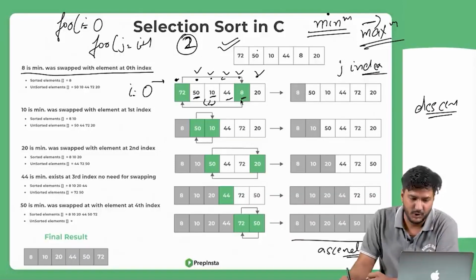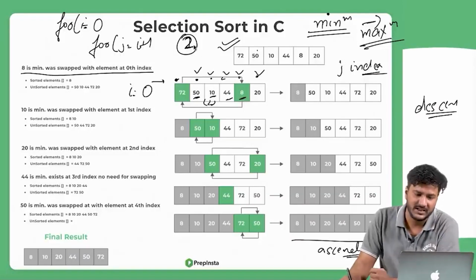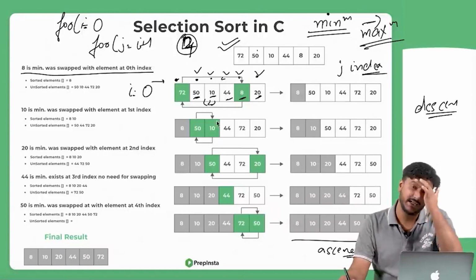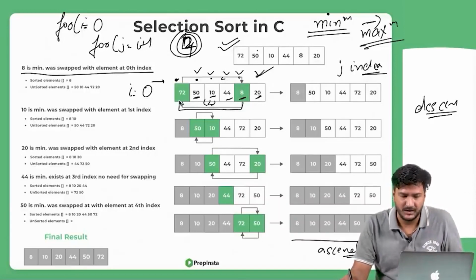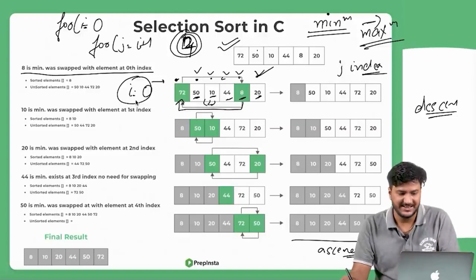Then I go to 8, which is obviously the smallest value, so I change my min index value from 2 to 4. Then I move on to 20, which is greater than 8, so I keep my minimum index value as 4. As soon as I reach the end of the array, I swap my minimum index value with the iteration of i. That's exactly what I'm doing.